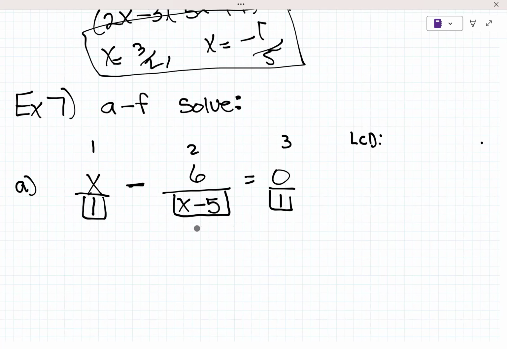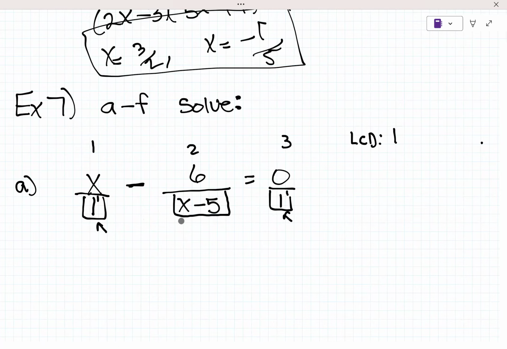We do have a repeating base of 1. If you have a repeating base, pick the one with the highest power. Since they're both 1 to the 1, it's just going to be 1.